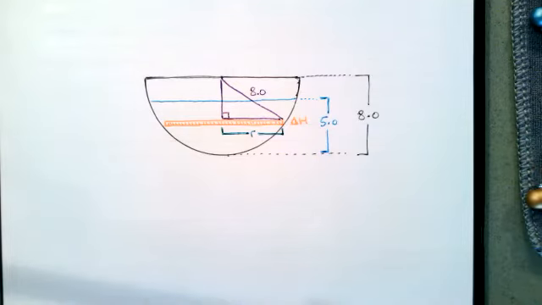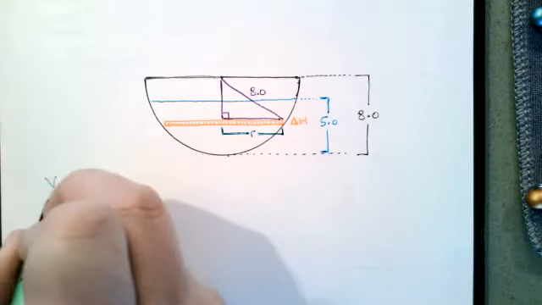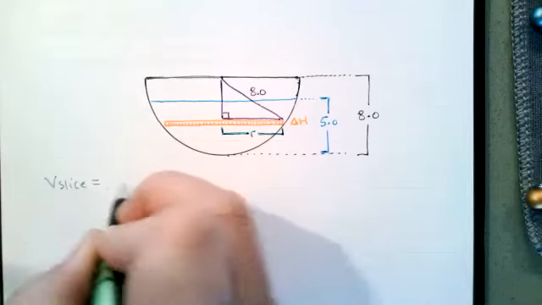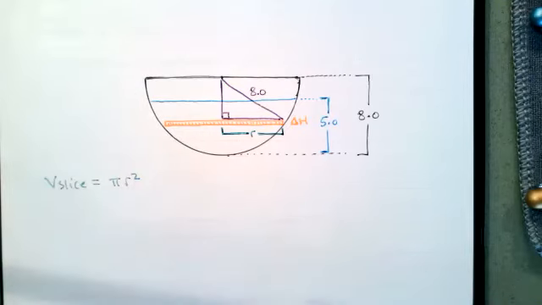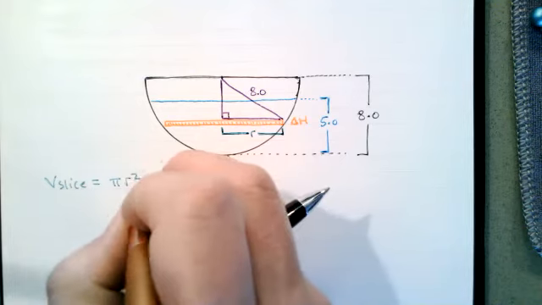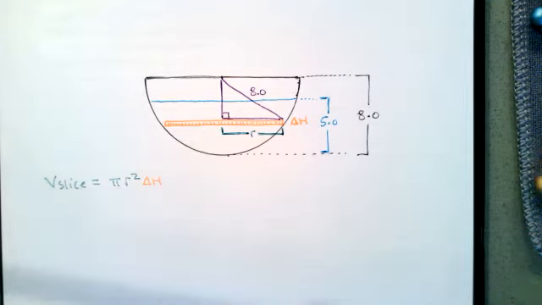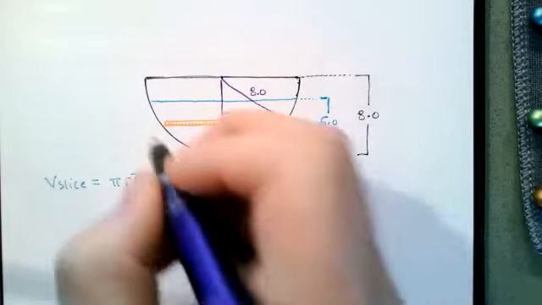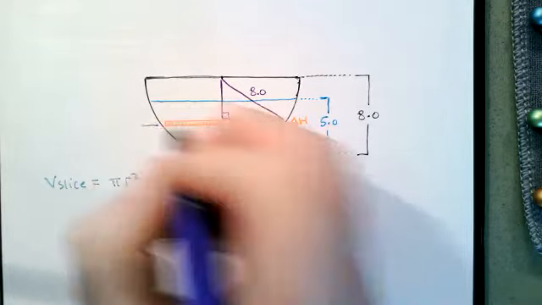We still have the same volume of the slice, which is still pi r squared times our delta variable, in this case, delta H. We still need to define a value for H and then write R in terms of H. So I'm going to make a different choice this time. Last time I said H was the distance from the top of the bowl to the slice. This time I'm going to say H is the distance from the bottom of the bowl to the slice.